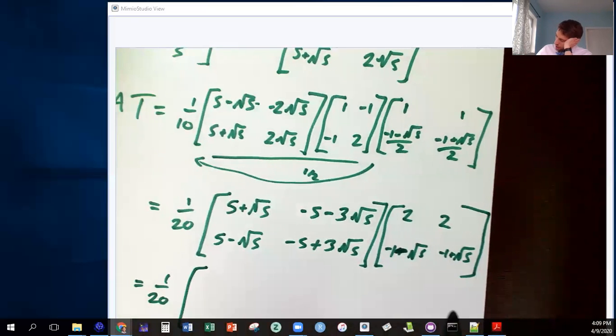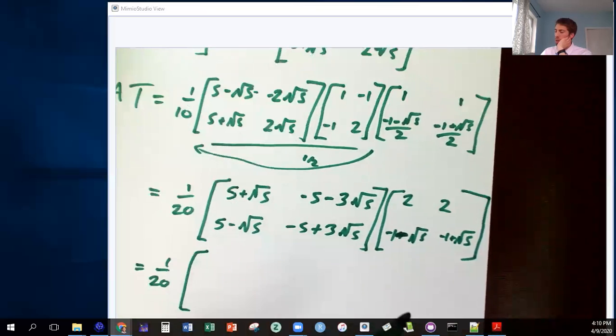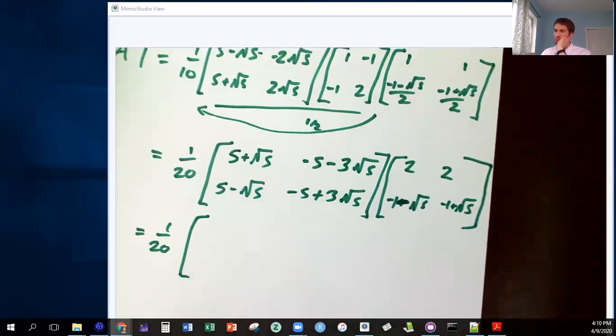And now, things get a little hairy. I'm going to have to do it in a few more steps. So now, let's see. Does that look correct? Yeah, the negative 3, the negative 5, the positive 3, the negative 5, the positive 5s, the positive and negative square root. Yeah, that looks good. Okay.